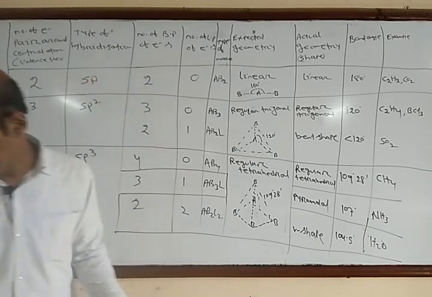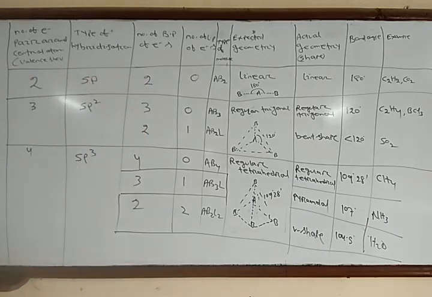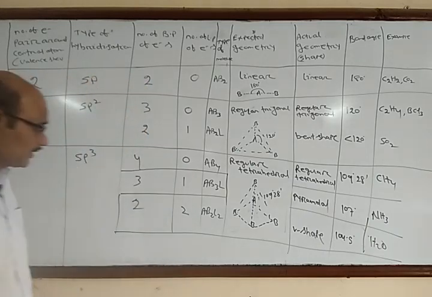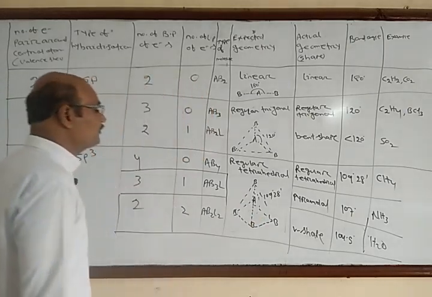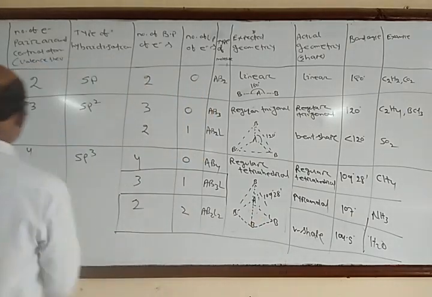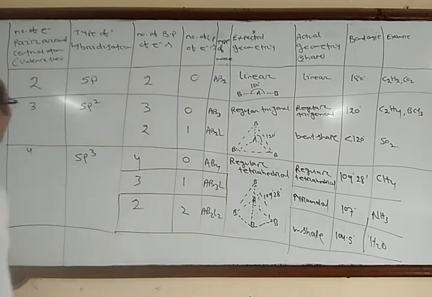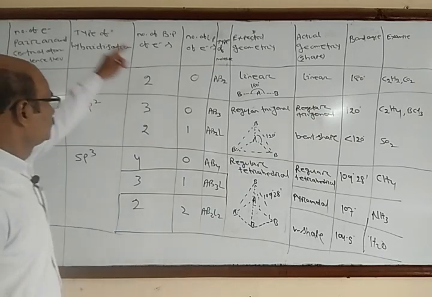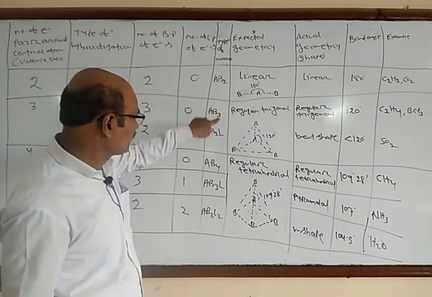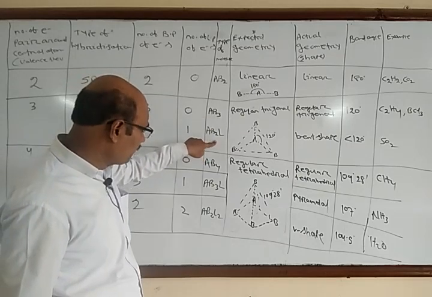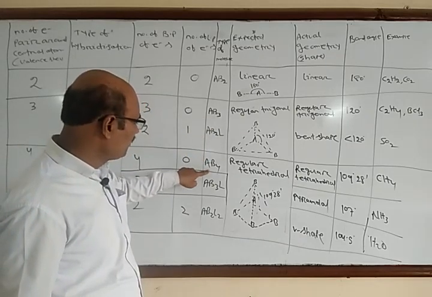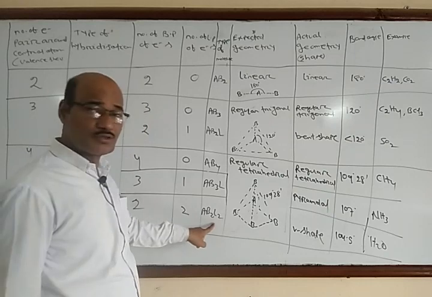So also we have so many other examples; we can take some other examples. So these are the AB2 type, AB3 type, AB2L type, AB4 type, AB3L type, AB2L2 type.